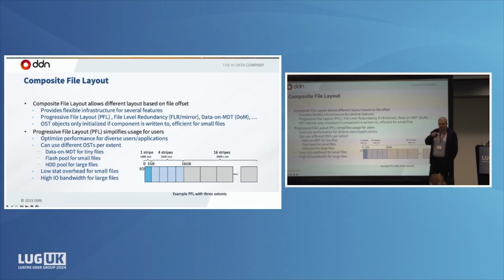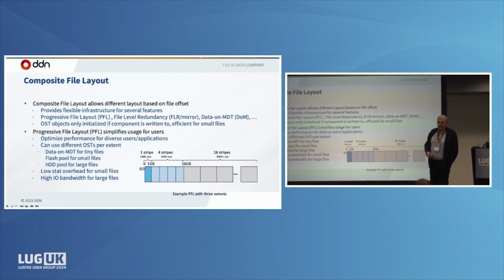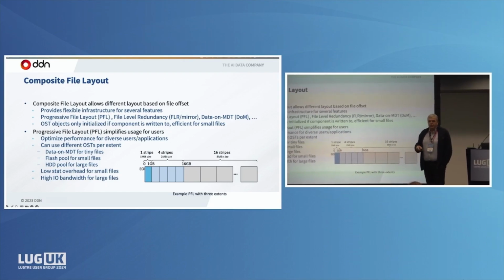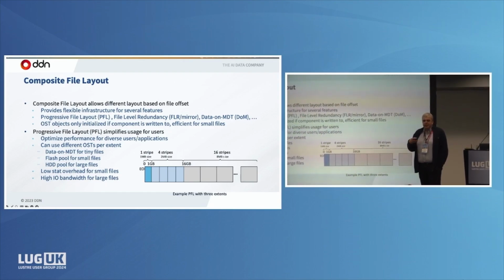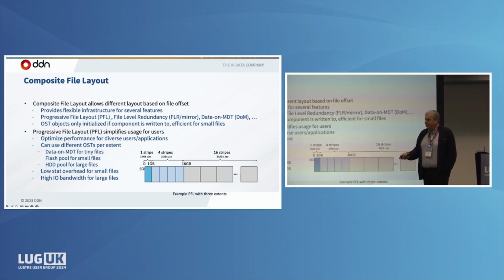We've got an index on the front, and applications read that bit of index on the front of your file, maybe the first 1 megabyte, and that's going to be highly IOPS bound. So this bit here, on the first section, could preferably be put onto media which benefits high IOPS, such as SSDs.